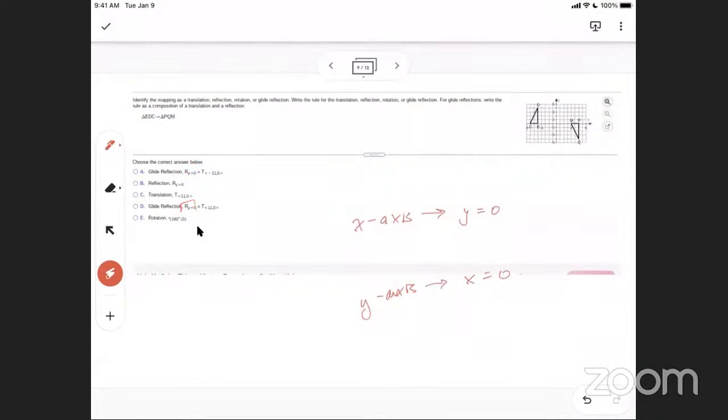And then we're going to translate it how much? I'm going to reflect it first, and then you graph it. How much do I glide it? And in which direction am I gliding it? You go down, right?